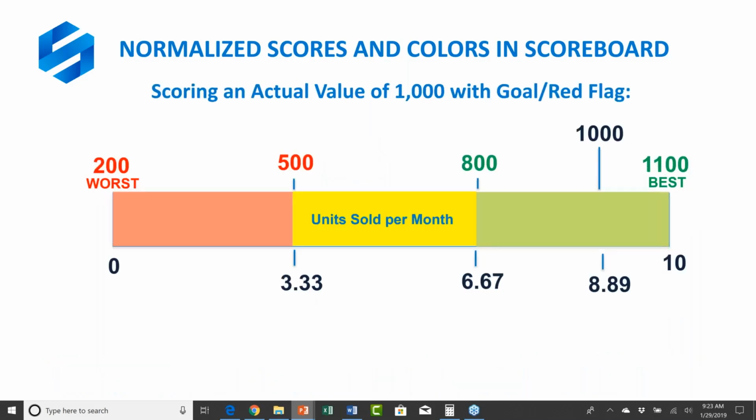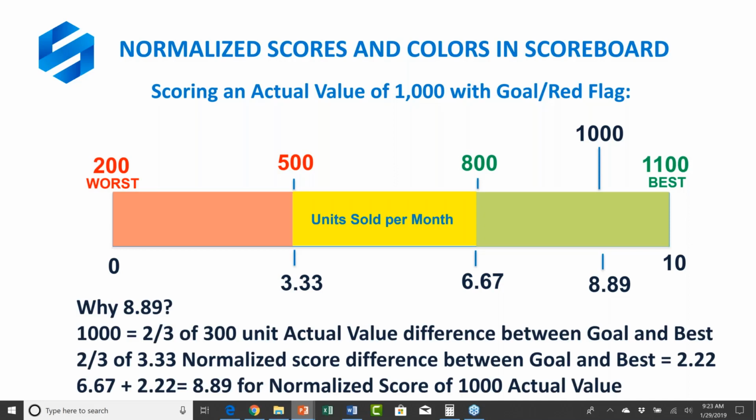Okay? Now, with regard to the scoring of an actual value with that goal and red flag setup that we just discussed, if we take that whole setup of 800 as the goal, 500 as the red flag, the system-generated 200 worst and the system-generated 1100 best, and we provide an actual performance value for a given month of 1,000, it will be scored at 8.89. And the question here is, how and why did it get to 8.89, right?